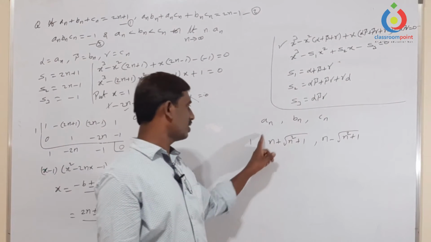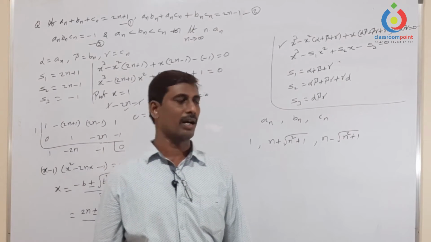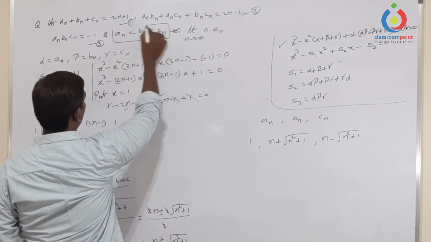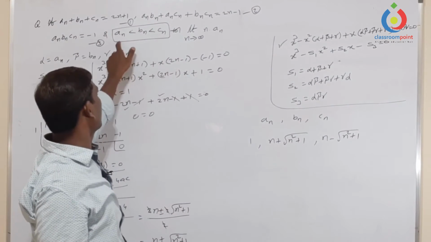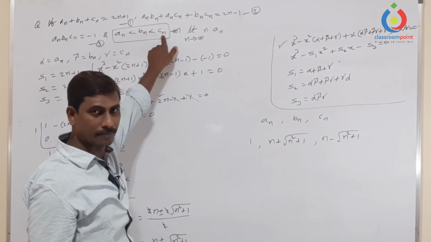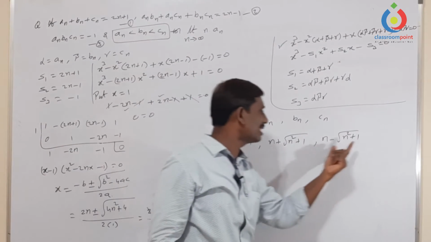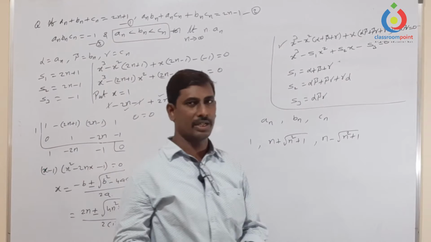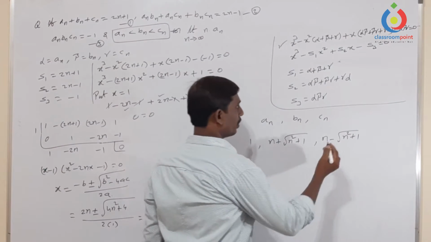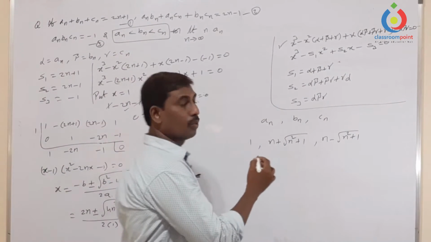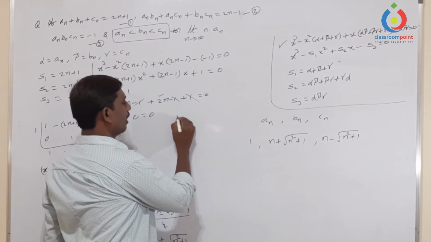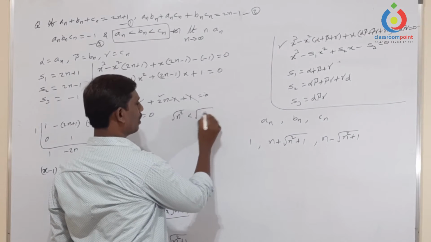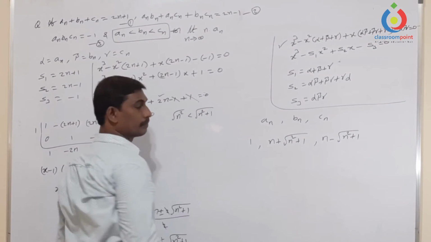Sir, is a n equal to 1? Now we don't know. Why? Because depending on this condition, the least value is a n and the highest value is c n. Which is the least value, we don't know exactly, so first of all we identify that. We know one condition here: root of n square is less than root of n square plus 1.